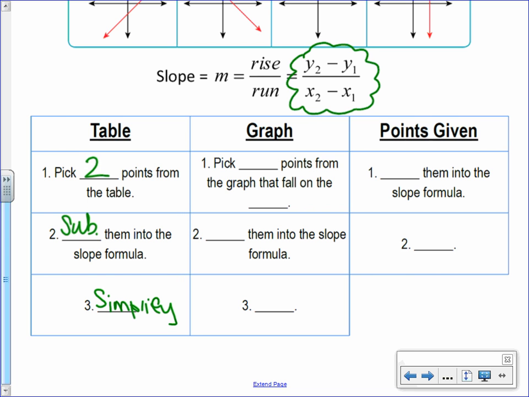You always want to simplify it to its lowest fraction. Don't change an improper fraction to a mixed number. Don't change a fraction to a decimal. You want to leave it as a fraction, but get that fraction as low as it can go. That's just with slope. You want to leave it as a fraction. Everybody good? Okay, let's go do these 3 steps on the back.